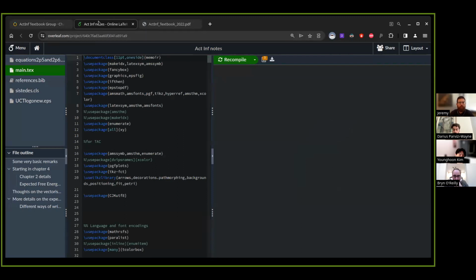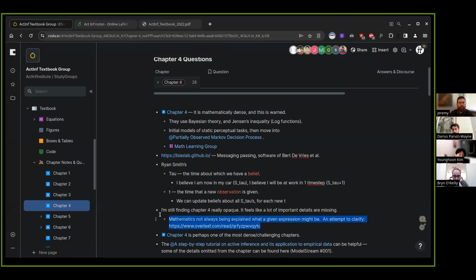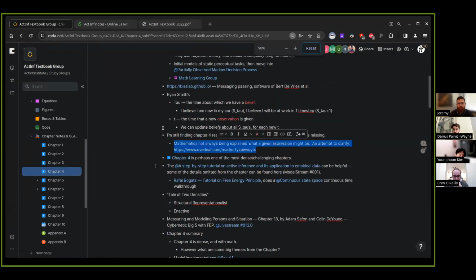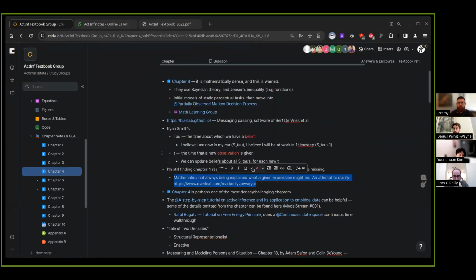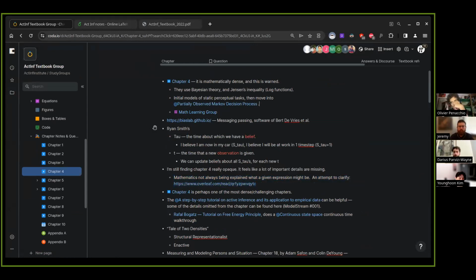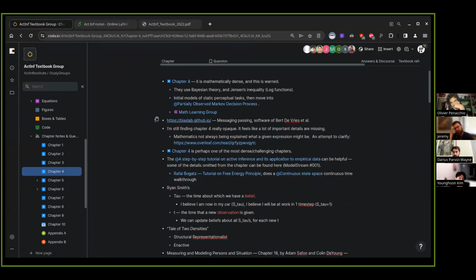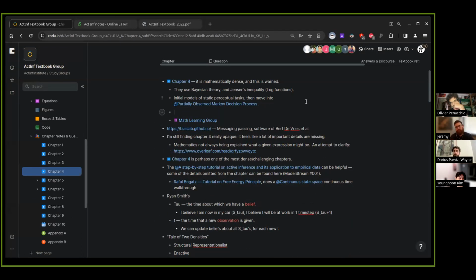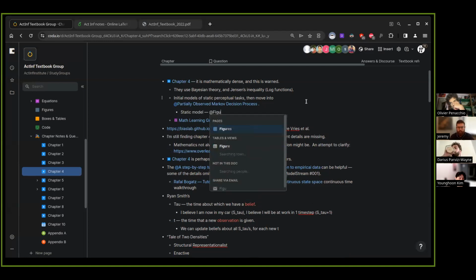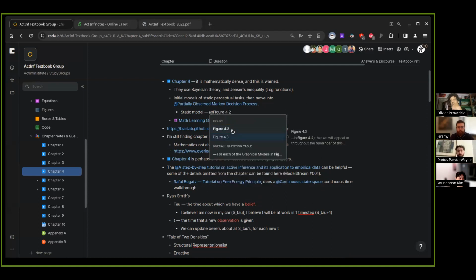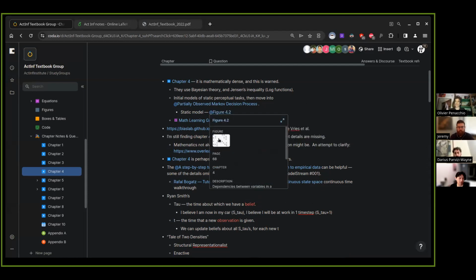Just another small specific observation: as a practicing entry-level data scientist, something that helped me understand the static perceptual models earlier on is that it almost feels like it's just describing the process of binary classification. In one of the models in figure 4.2, the very first one, you have your prior being the prevalence of a disease.